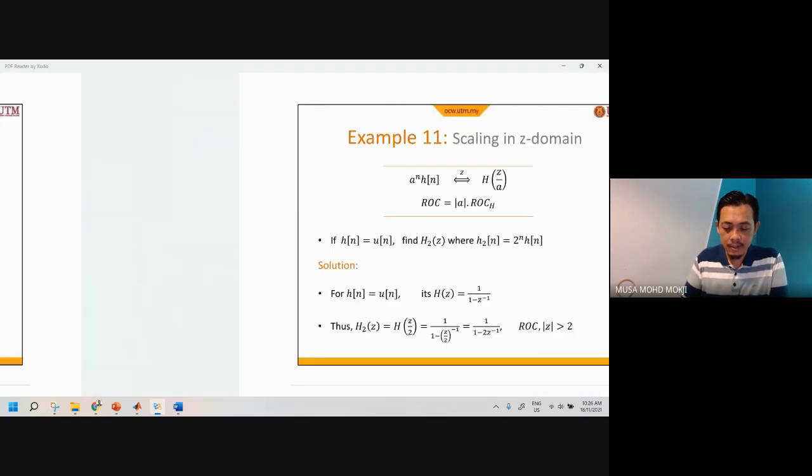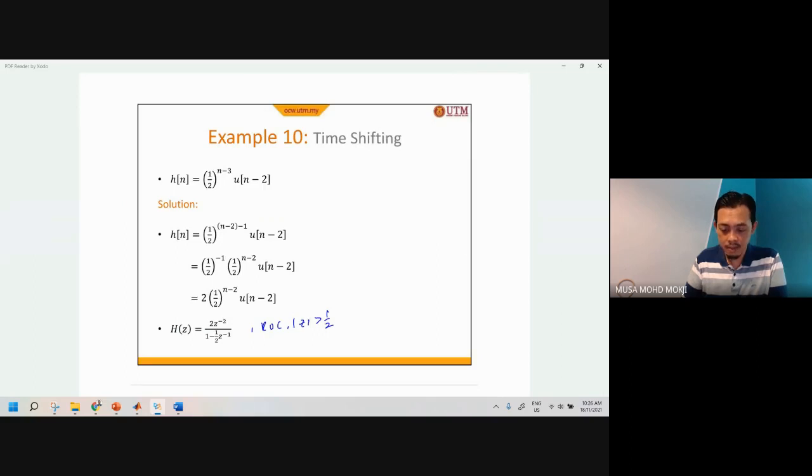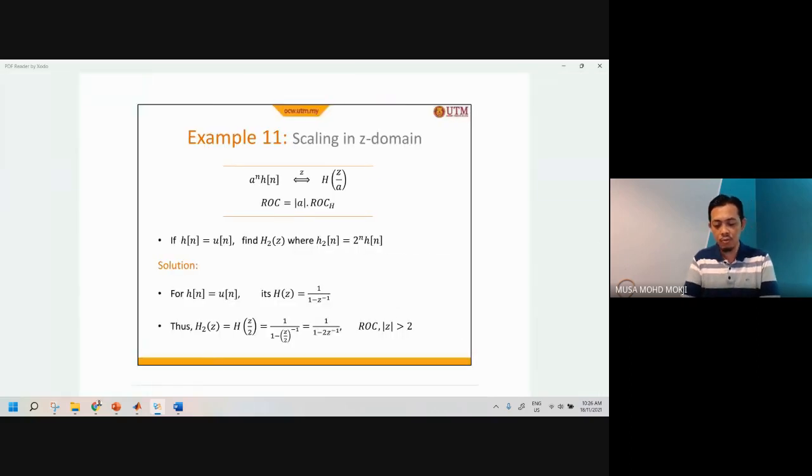Now, after time shifting, we're going to look at the properties of scaling. This is what we call scaling in the Z domain.